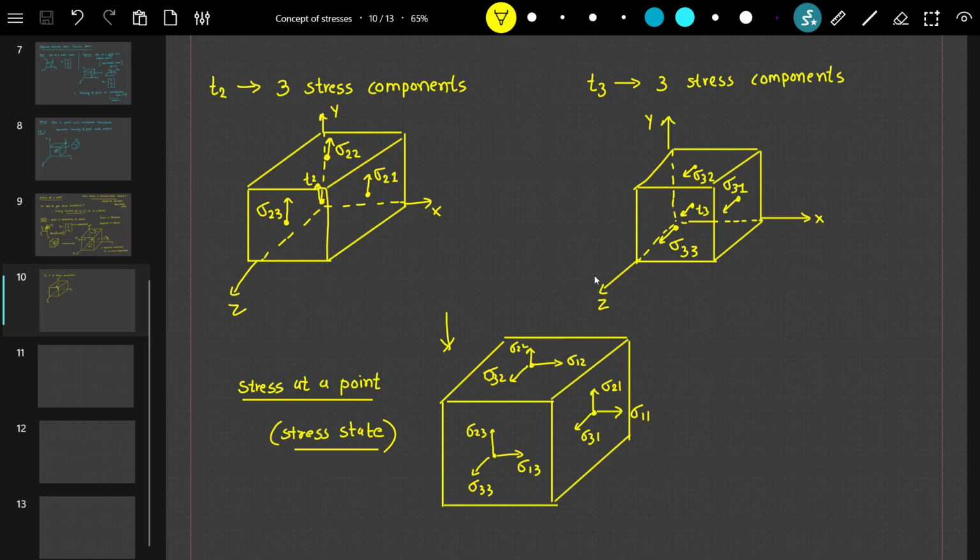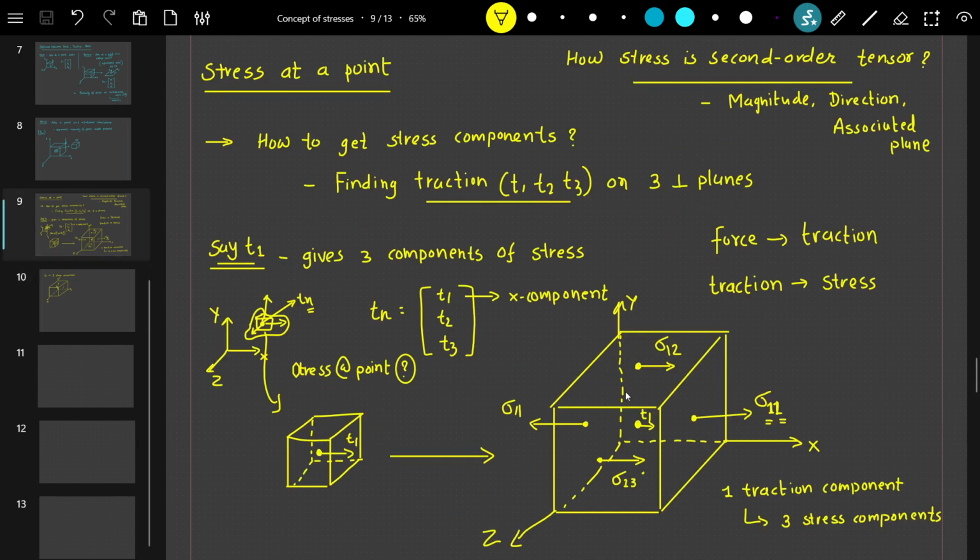If you observe this, T1 gives us three stress components, of which one is a normal stress component, sigma 1 1, and two shear stress components, sigma 1 2 and sigma 1 3.